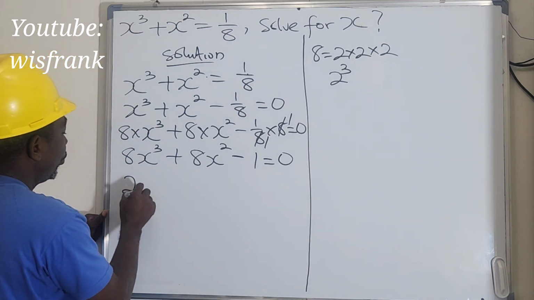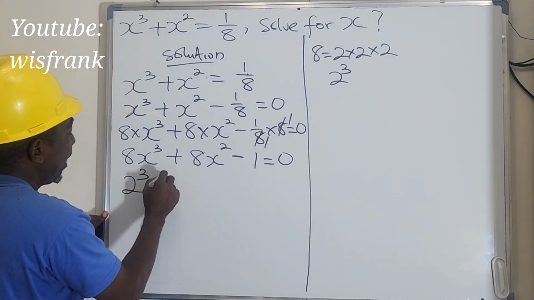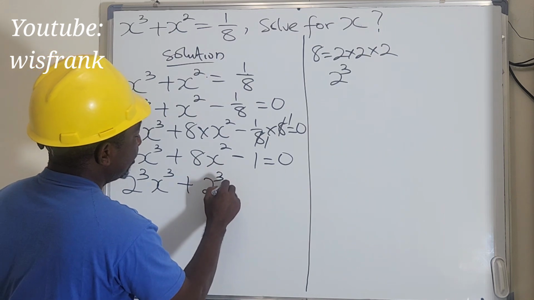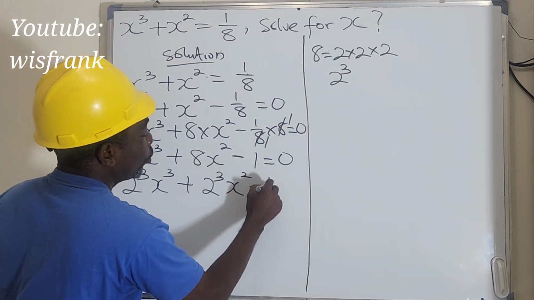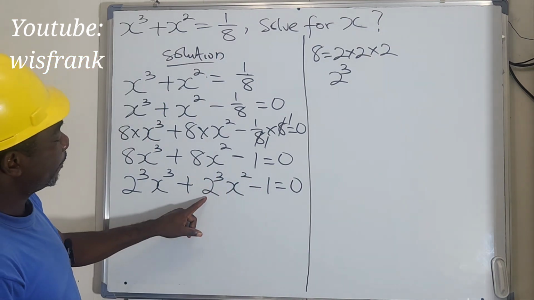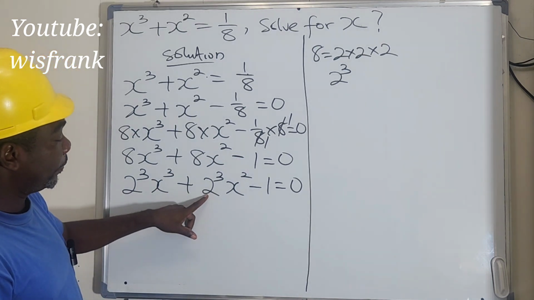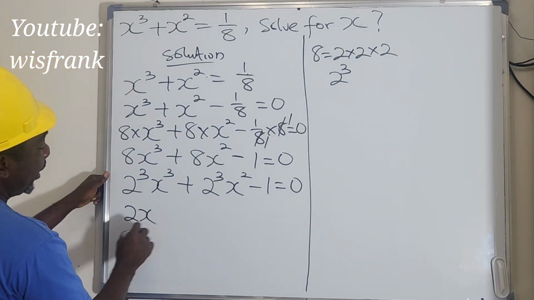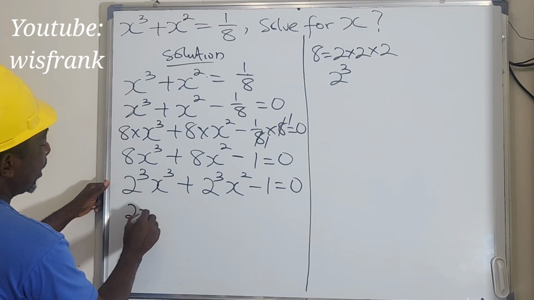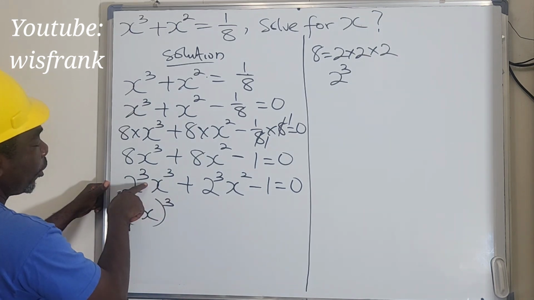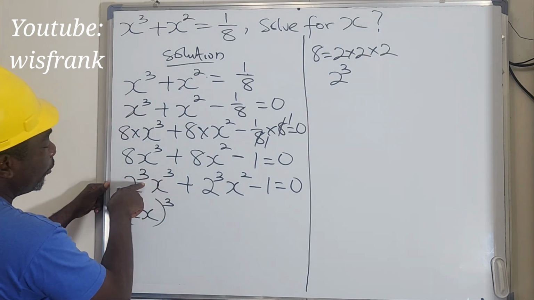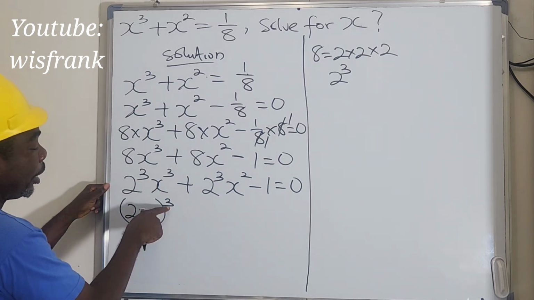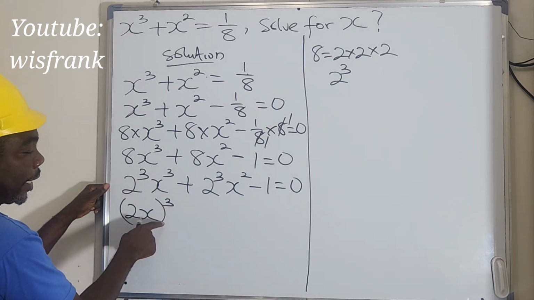So we have 2 raised to the power of 3 times x raised to the power of 3 plus 2 raised to the power of 3 times x raised to the power of 2 minus 1 equals 0. Here, we can further break this down, where this will become 2x all to the power of 3, because the power of 3 is distributed to 2 and x, so it can be equated to 2x alone.